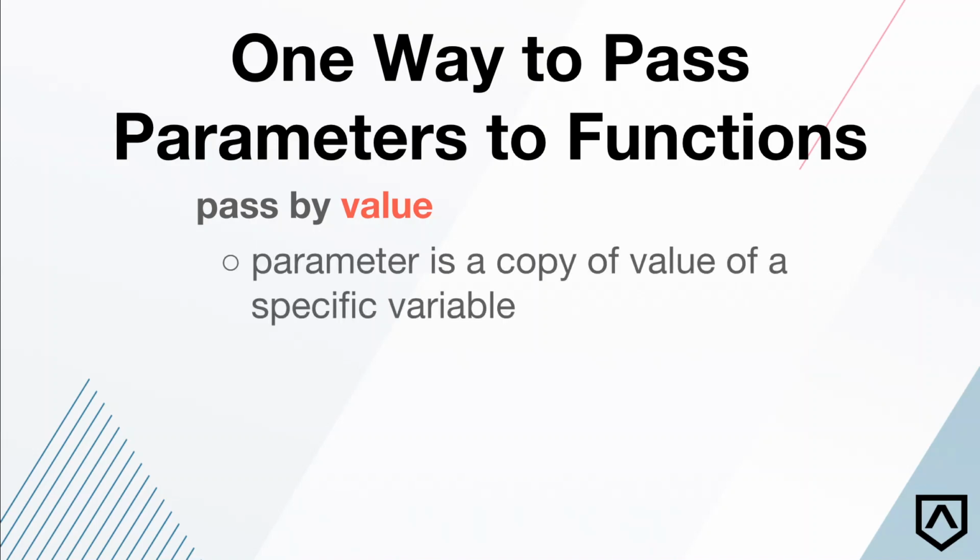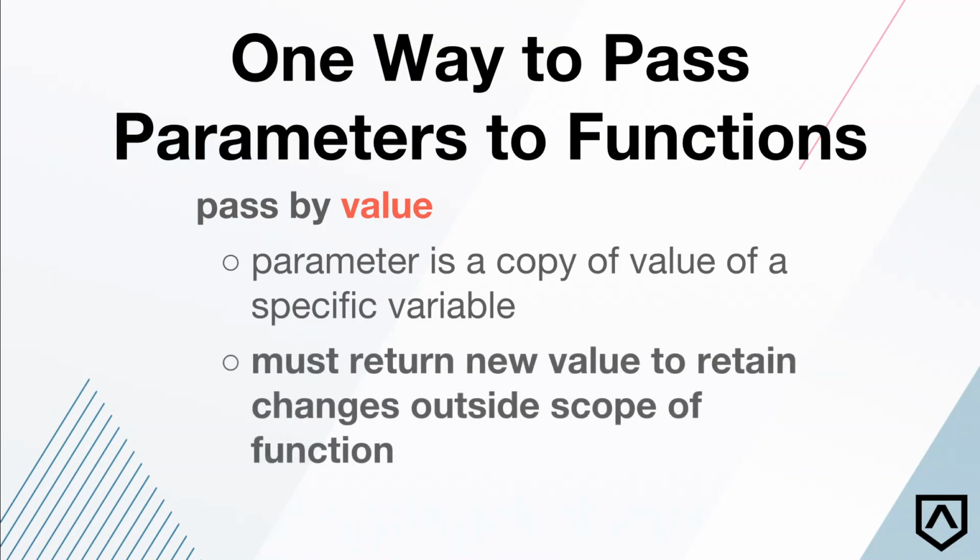So when you pass a parameter to a function by value, essentially you're creating a copy of whatever value you want to use. You're passing that over to your function. Your function's doing something with that copy, but then when the function terminates, any changes that you made to that parameter are gone because it was a copy. You weren't directly modifying whatever variable was passed as a parameter.